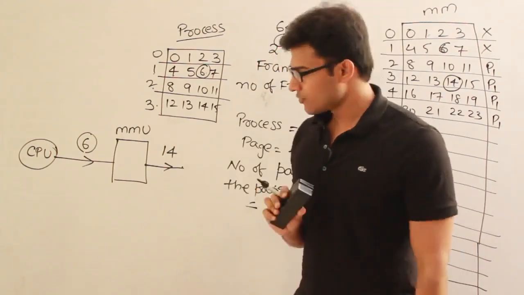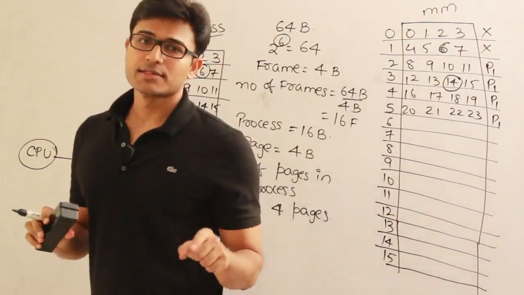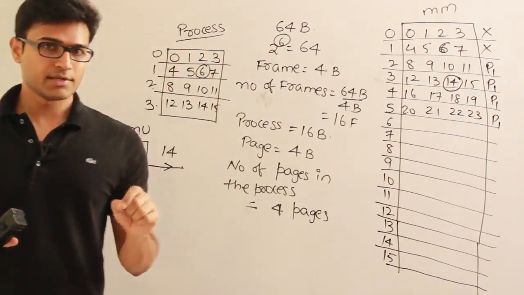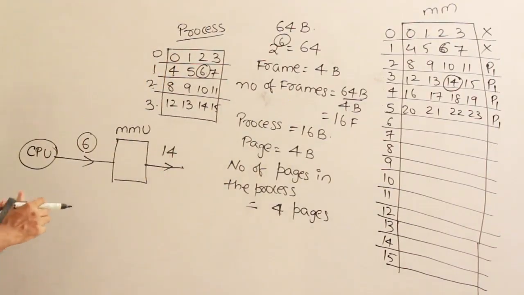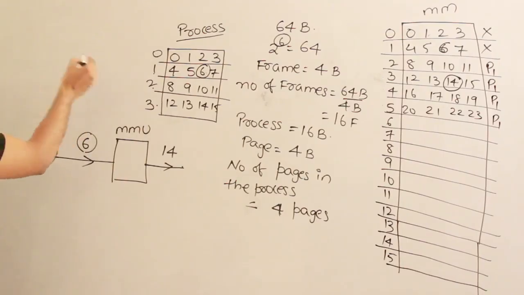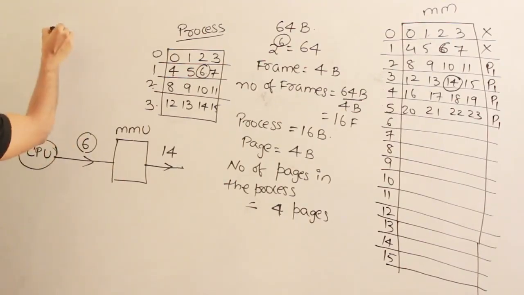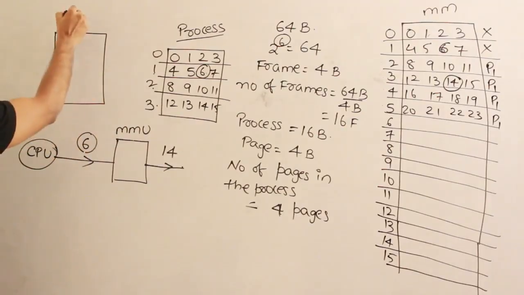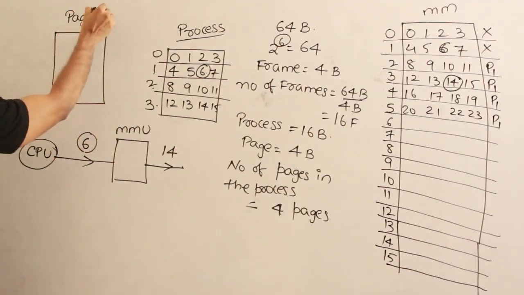Similarly here we want something called a page table. And the page table will look like this. For this process, how many pages are there? 4 pages. So this is called the page table.